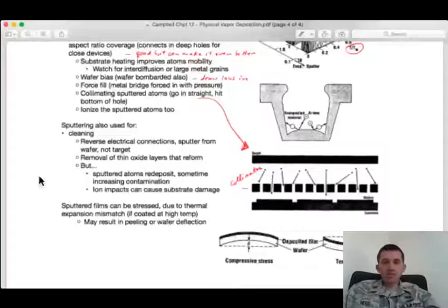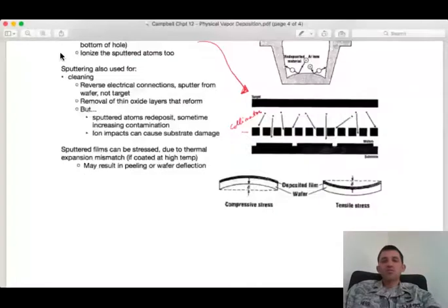You can increase the likelihood that an atom will travel to the bottom of this feature by collimating those atoms at the beginning, right? So if I have my plasma, say, in this region here, near the target, I'm generating sputtered atoms all along this region, and they're coming off in random directions. But if I have a series of collimating channels here, the ones that are coming off at a relatively high angle aren't going to make it through that channel.